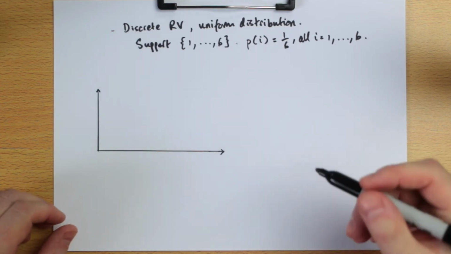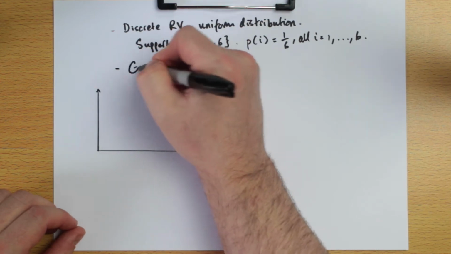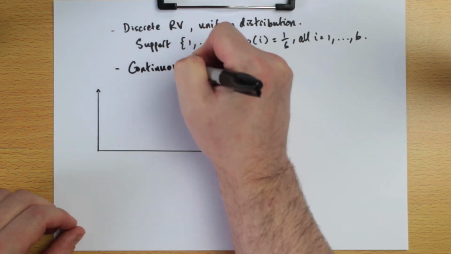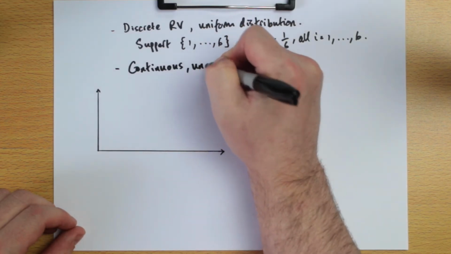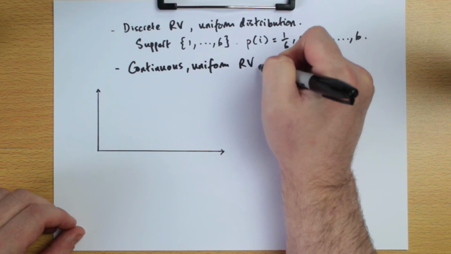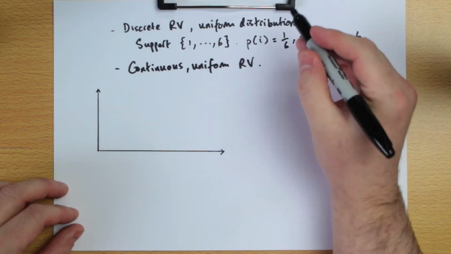Okay, now when we work with continuous random variables, and let's say a continuous uniform random variable, what do we mean by continuous?